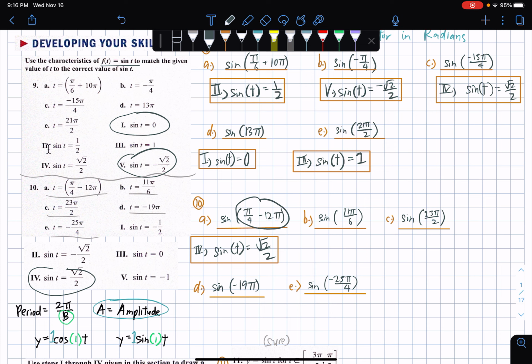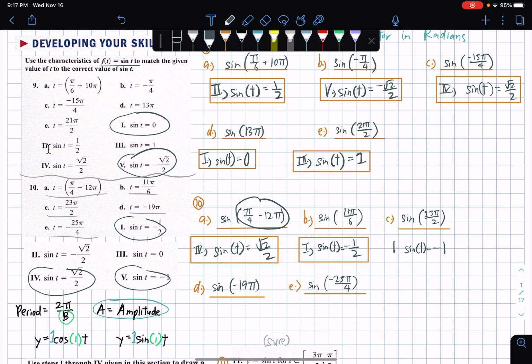For letter B, sine 11 pi over 6, we get negative 1/2. Negative 1/2 is I. For letter C, sine 23 pi over 2 is negative 1.